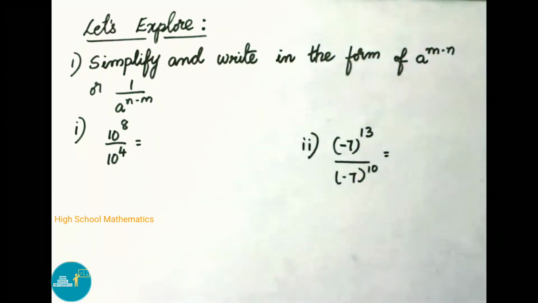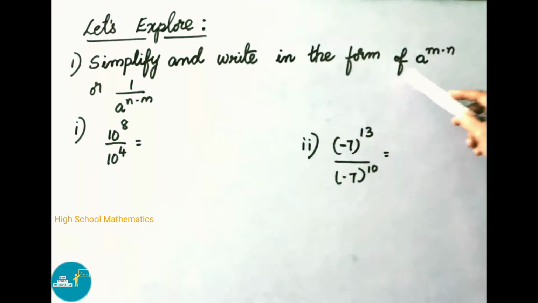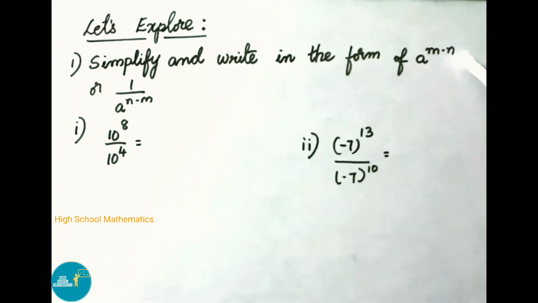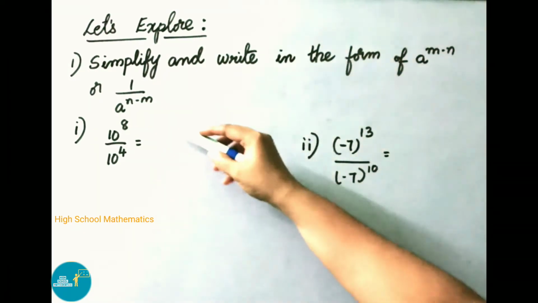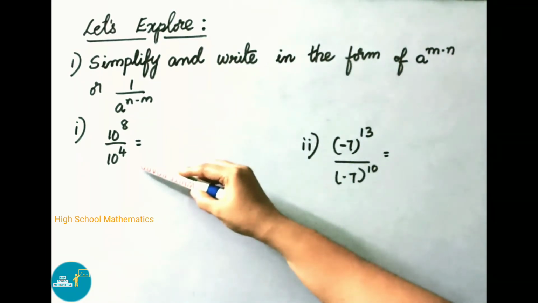Now let's explore the first sum. Simplify and write in the form of a power m minus n or 1 by a power n minus m. The first sum is 10 power 8 by 10 power 4. Here the m value is 8, which is greater than the n value 4.